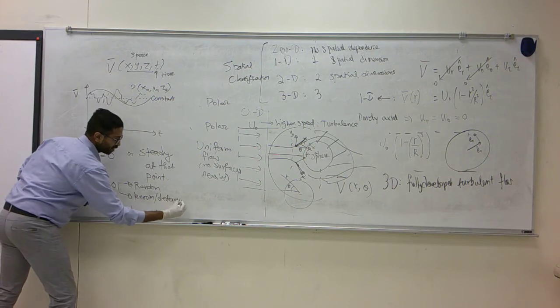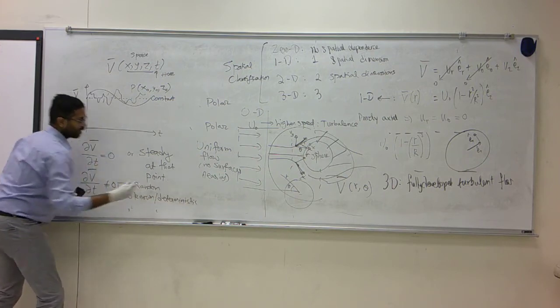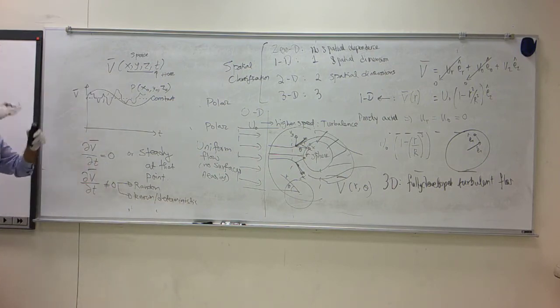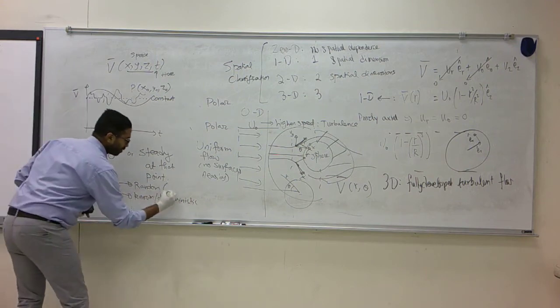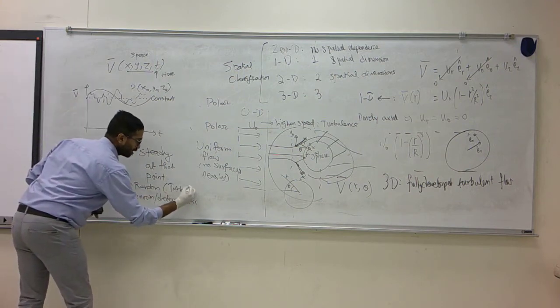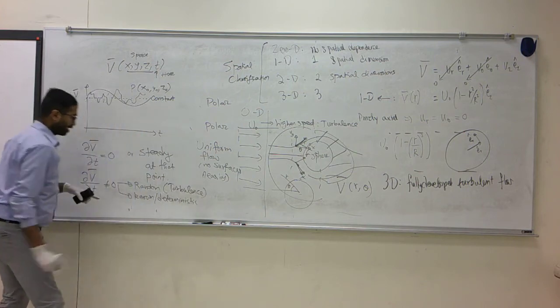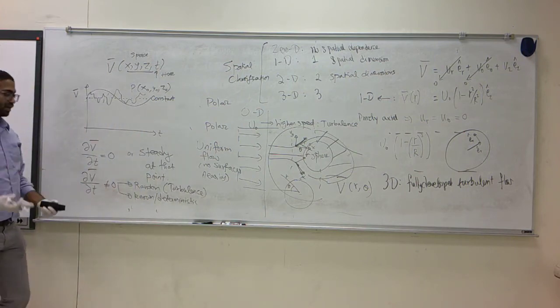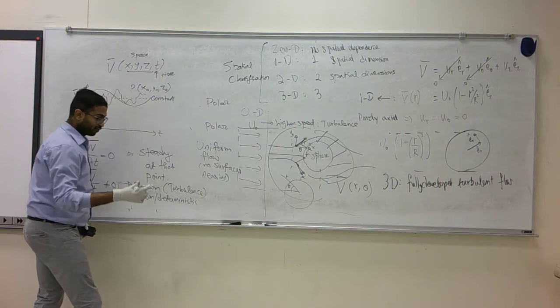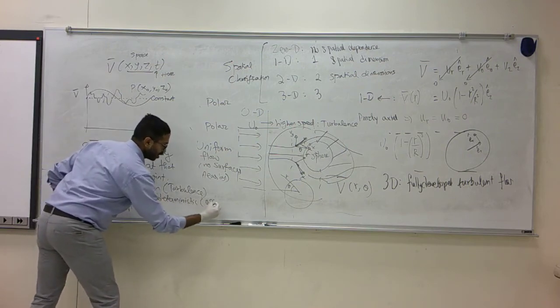That is, it changes in a known way or just randomly. It can take all kinds of values like fluctuations, like this common example is turbulent flow, turbulence, and known or deterministic or oscillatory flow or periodic flow is called oscillatory.